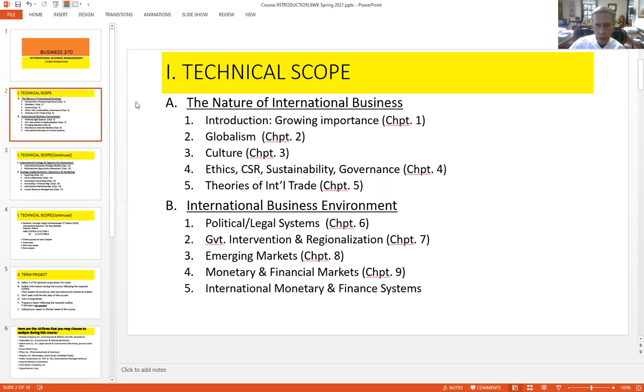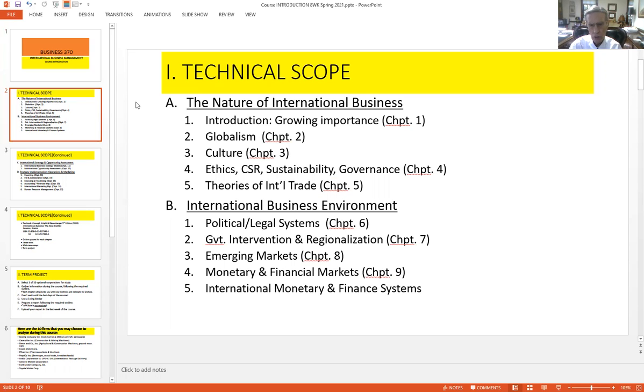Okay, so the first section, or the first group of chapters, is about the nature of international business. You would expect the first chapter to be an introduction to the overall scope of international business. And then the subsequent chapters get into some interesting issues in international business.